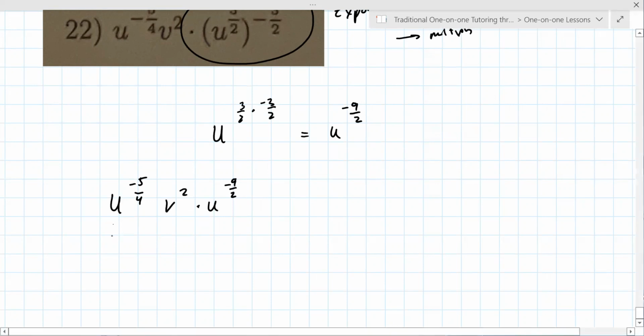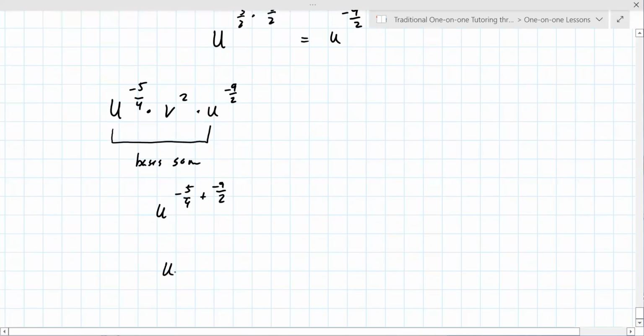Now the property we're going to use next is that the bases are the same. So what do you do when the bases are the same and you're multiplying? You add them. You add them, yeah. So it becomes u to the -5/4 plus -9/2, and then we'll bring the v squared down.